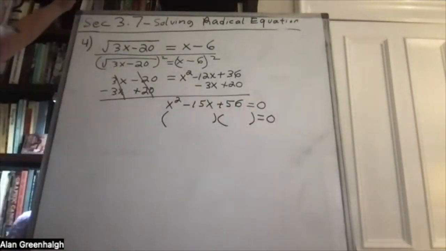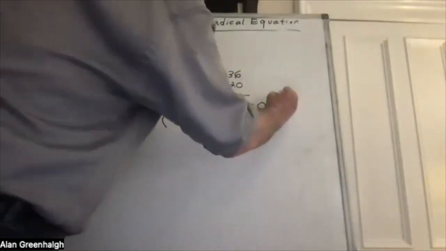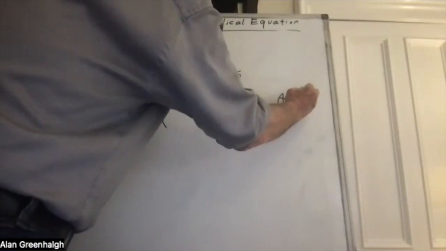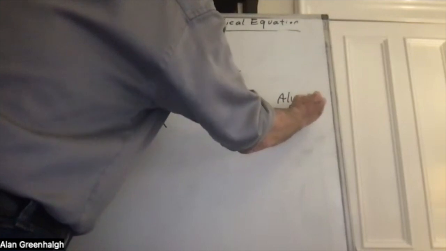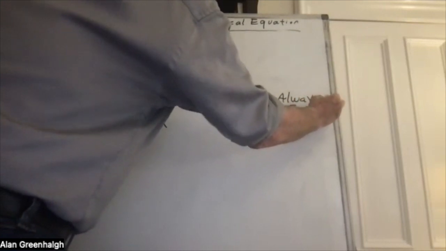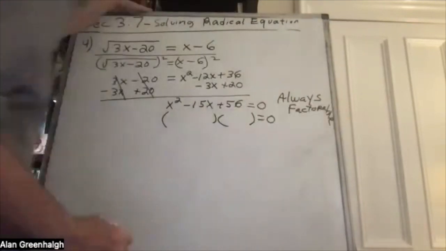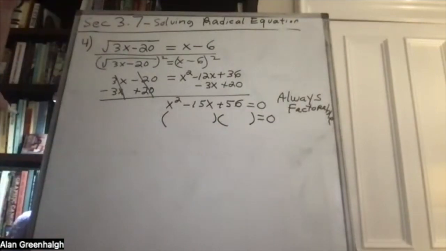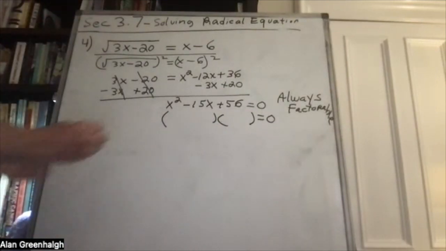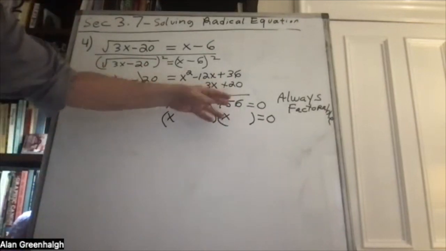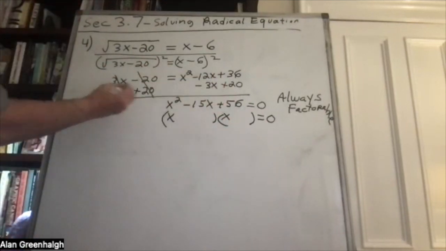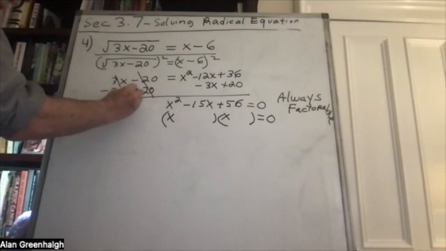So no matter what it looks like, when you first look at it, you may say, wow, but it's factorable. So you would do x and x, the factors of 56. Well, there are a lot of them. There's 1 and 56, there's 2 and 28.